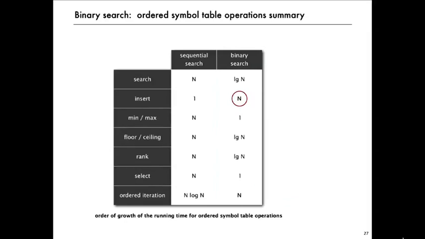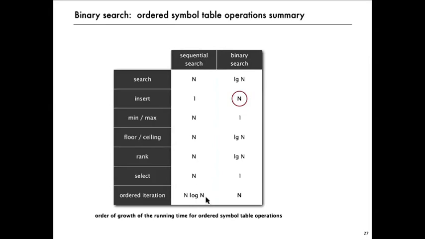So we have to greatly expand our table. What are going to be the costs of all of these things? And this is a big difference between the binary search implementation, where the keys are kept in order in an array, and the sequential search implementation when they're all in a linked list.